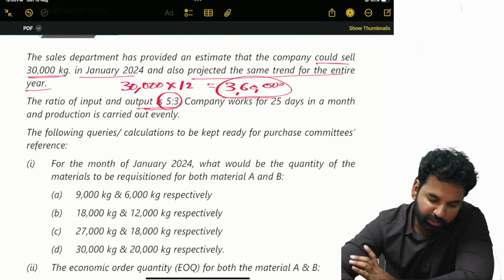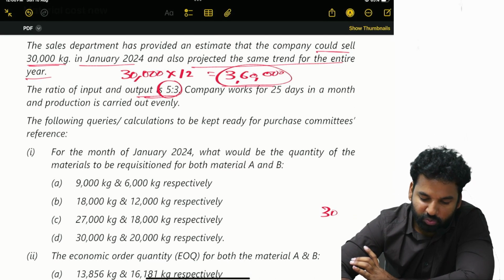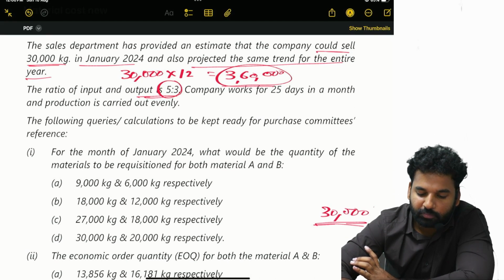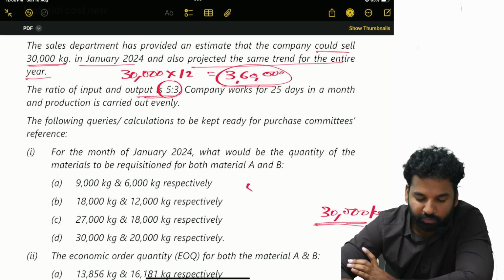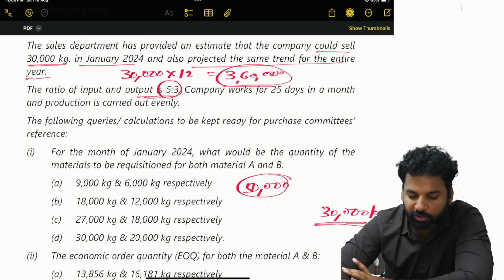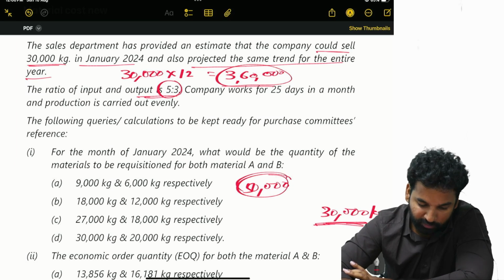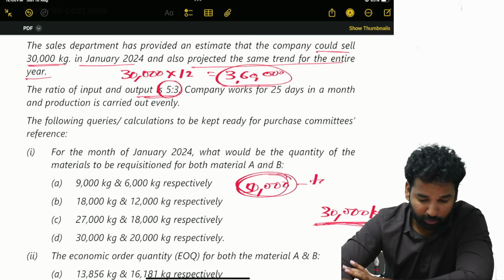So here, 30,000 kgs we are getting as output. That means input will be 50,000 kgs. Is this okay? So this 50,000 kgs is the total input.